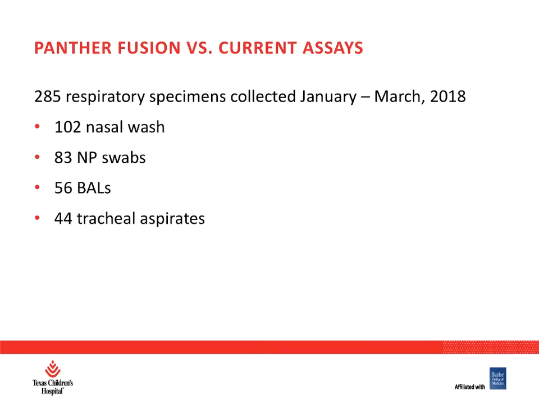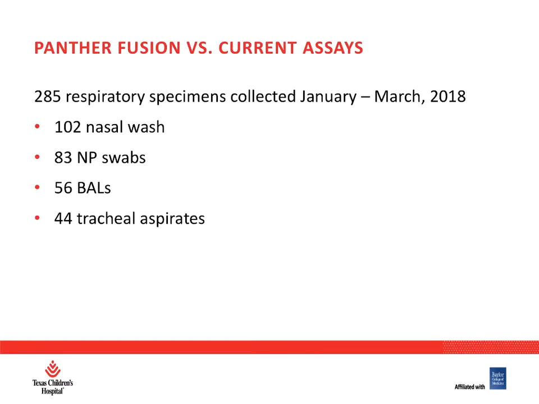So we wanted to take a look at how well these modular panels performed compared to our current assays. That's the Prodessa assays, the GeneXpert, and our lab-developed rhinovirus assay. So we gathered, fairly prospectively, 285 respiratory samples during January through March of this year.